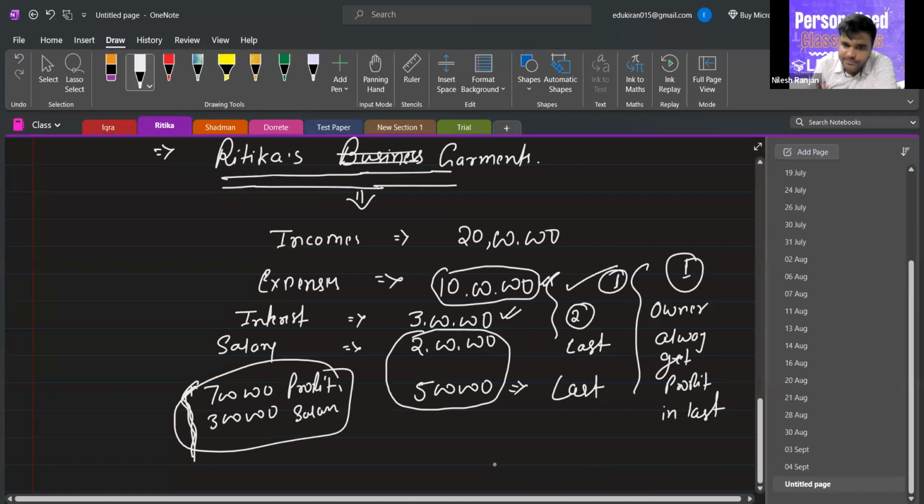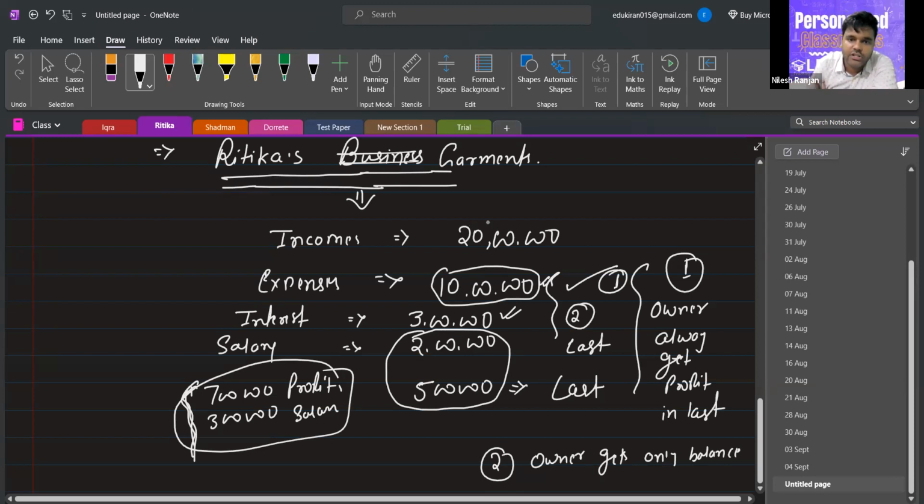The second concept is owner gets only balance. Only balance. You cannot receive money in fixed portion or fixed amount. Yes or no? Yes, sir. Whatever is left, you will get that amount.